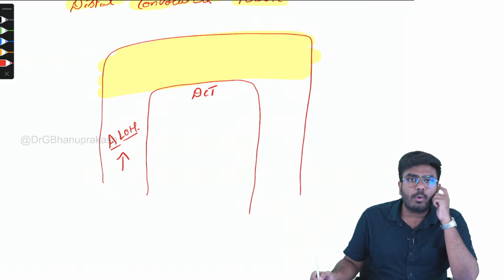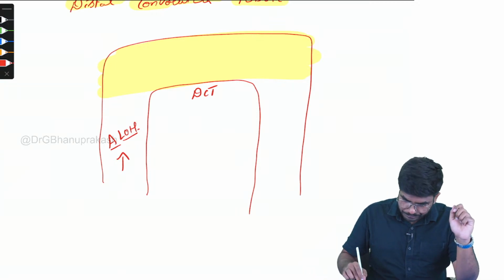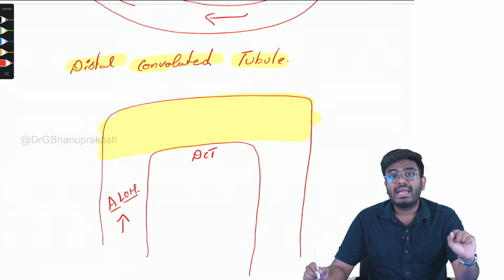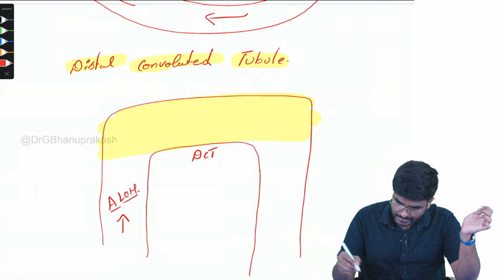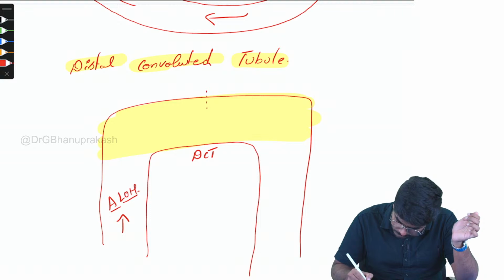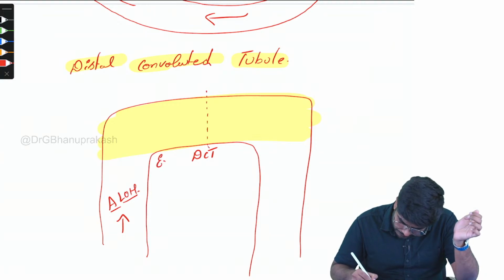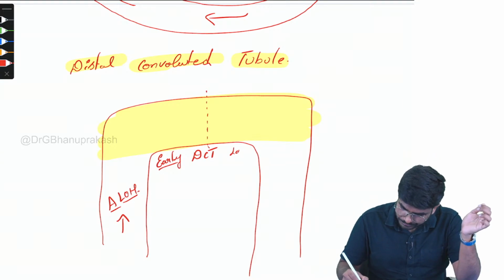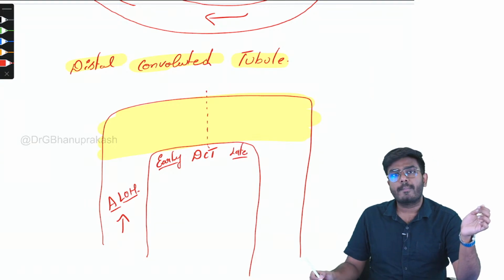Now, what are the important points which you need to know? This distal convoluted tubule is also divided into two parts: early DCT and late DCT.